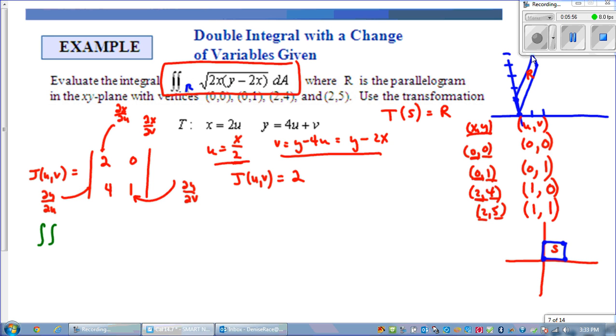Okay, so now changing this integral. We had it over the region R, and this is our function, that's our f of x, y. This will be this integral over the region S. Now I'm changing all the x's and y's to u's and v's. So I'll have 2 times 2u times the y, which is 4u plus v, minus 2 times x.